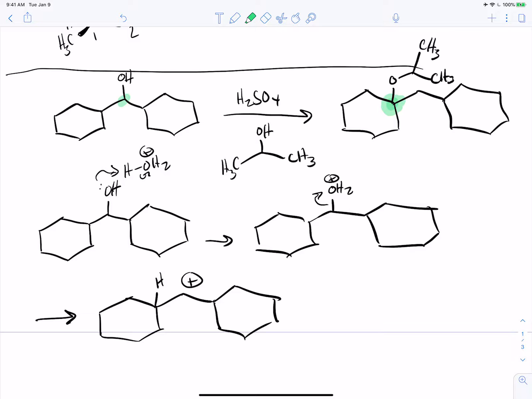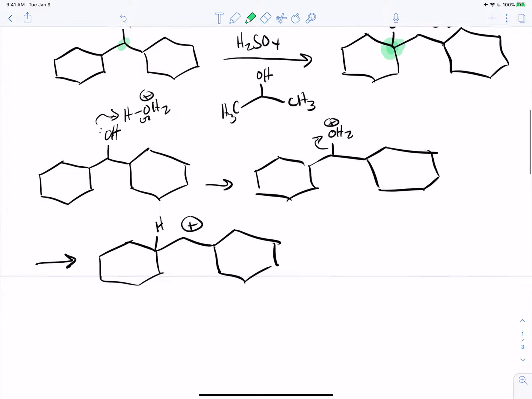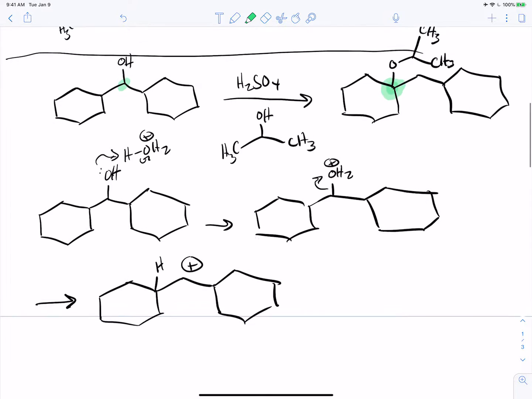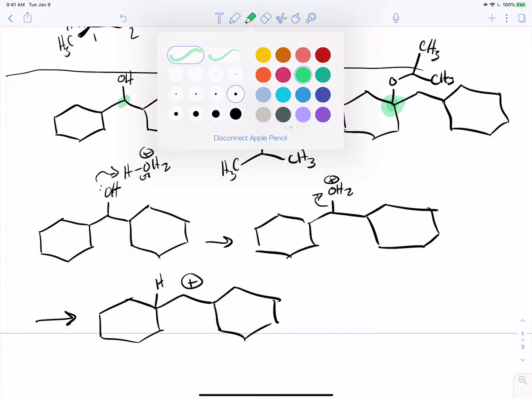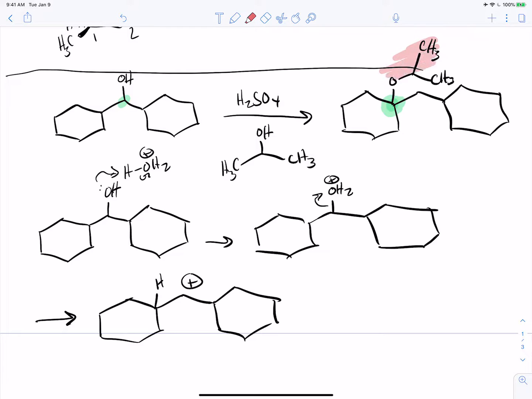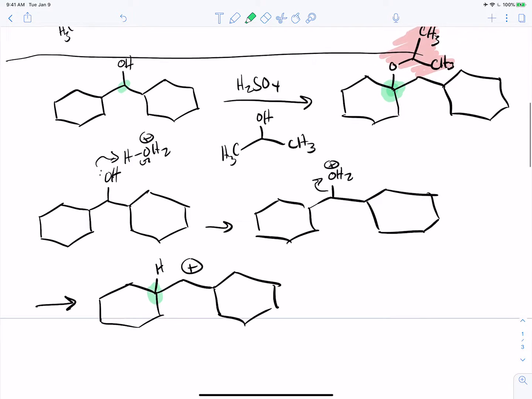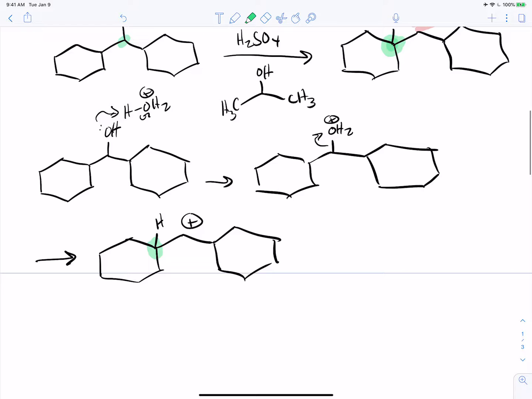So I know ultimately that this isopropoxide group must attach to this carbon atom, even though that's not immediately clear to me when I look at the problem. But now that I'm kind of going through it, it becomes a little bit more clear.